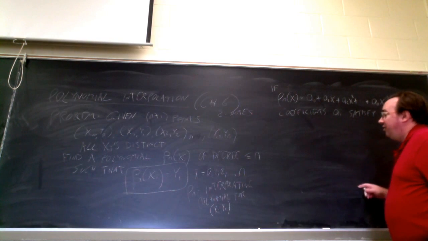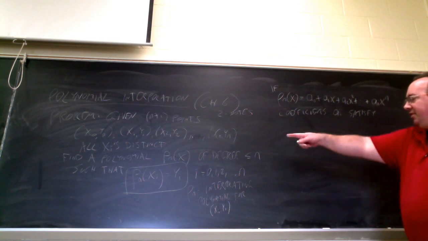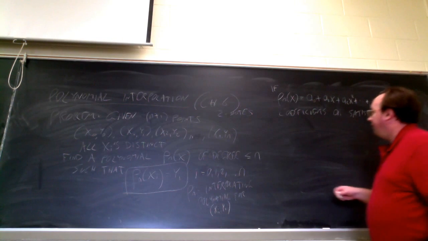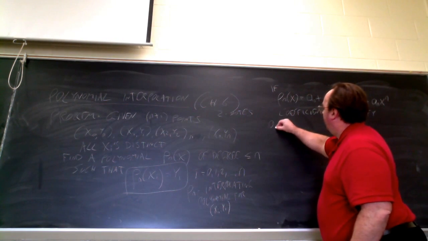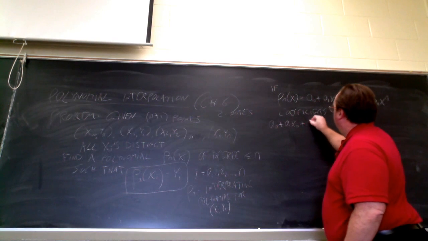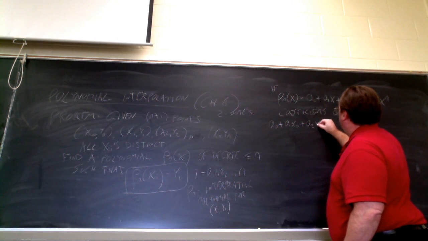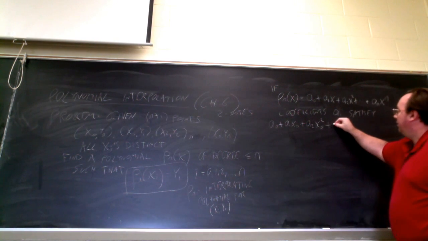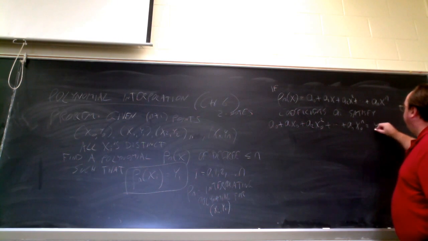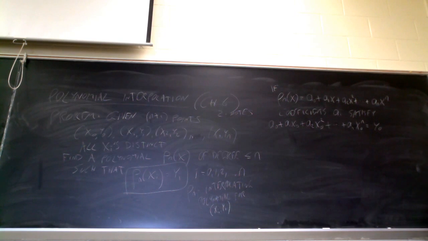Okay. So I have these n plus 1 equations that have to be satisfied, but if I go ahead and write those out, I'd have a0 plus a1 x0 plus a2 x0 squared, and so on up to an x0 to the n, is equal to that corresponding y value. So I plug in x0 and I get y0.